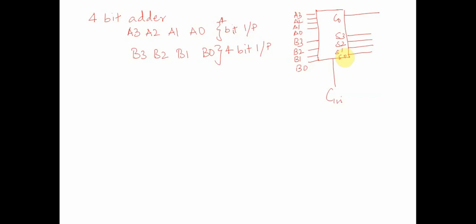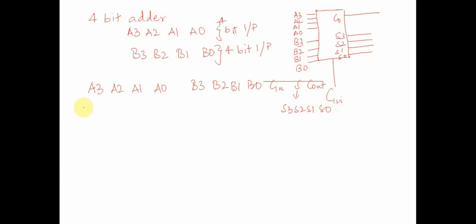So basically, the first step which we have been doing all together till now, if we go by a traditional approach, we will say A3, A2, A1, A0. Then we have B3, B2, B1, B0, C in. And we will have sum and carry out, and sum would be S3, S2, S1, S0.